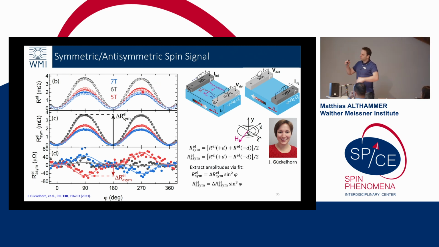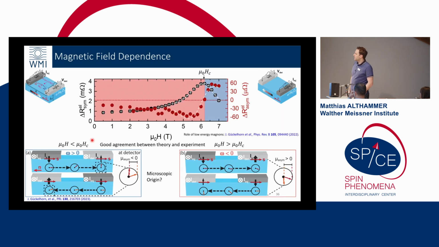Now you can take the difference of these two curves, or the sum of the two divided by 2, and plot this. So you have a symmetric part and an antisymmetric part, and you can fit them with a sine cube function down here and a sine square function over there to extract the amplitudes more easily. If you do that, you find this characteristic magnetic field dependence. For the symmetric one, it's just the Magnon-Hanle effect that I've already been showing to you.